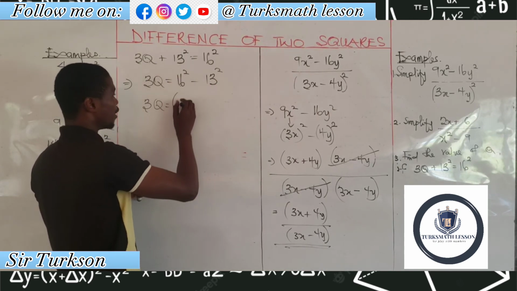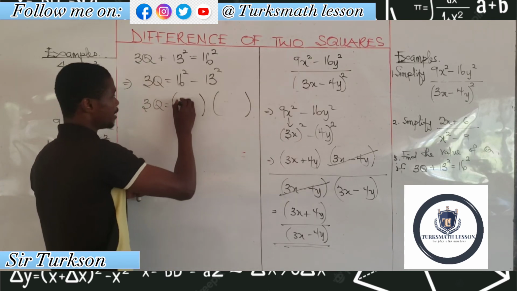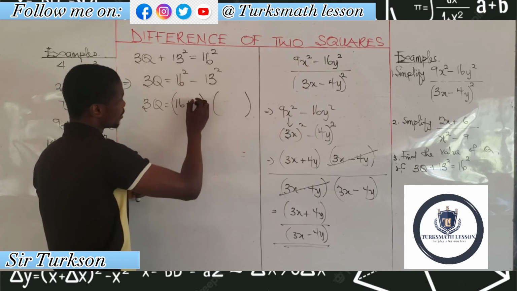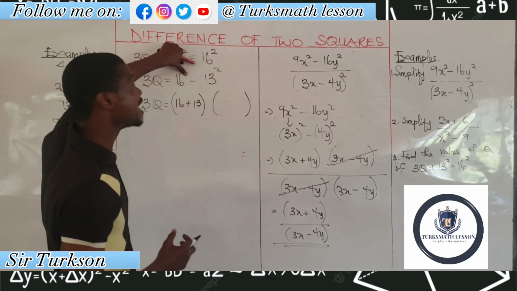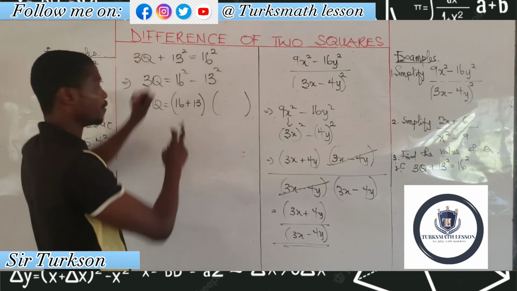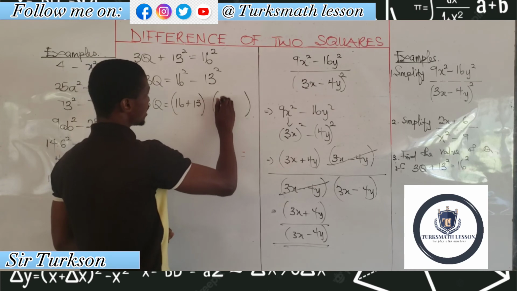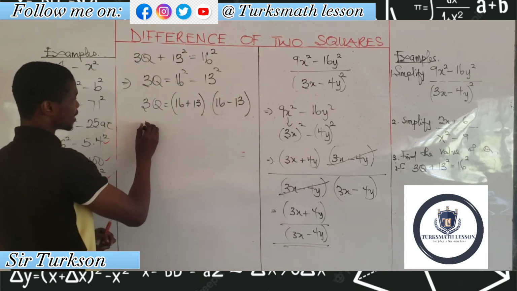So we are going to have our 2 brackets. They have 16 plus 13. If we were to have 16 here alone, we would have to find a square root. Do you understand? Yes. Very good. And here we're going to have 16 minus 13. Very good.